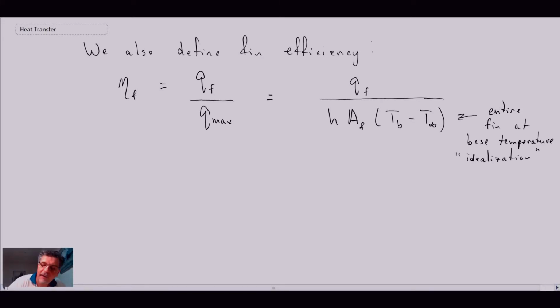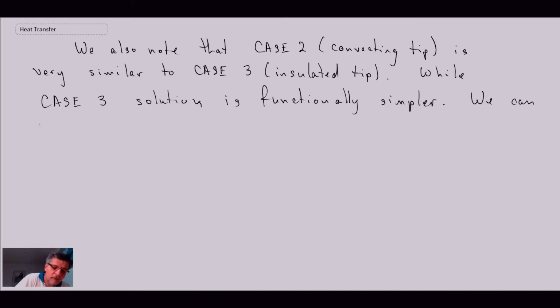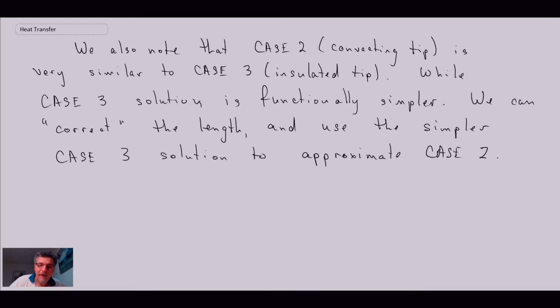Now, the other thing we're going to do is this approximation between case 1 and case 2 by correcting the length. So let me talk about that now. What we found in the example problem with the rod fin is that the case 2 and case 3 solutions were very, very similar.